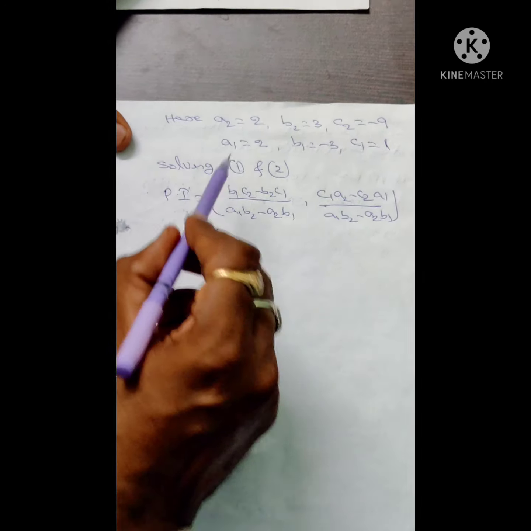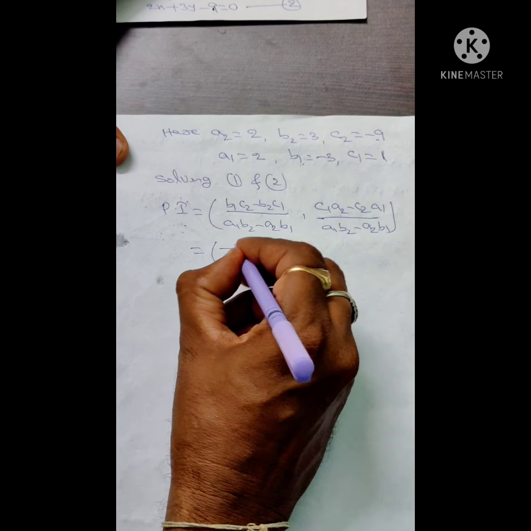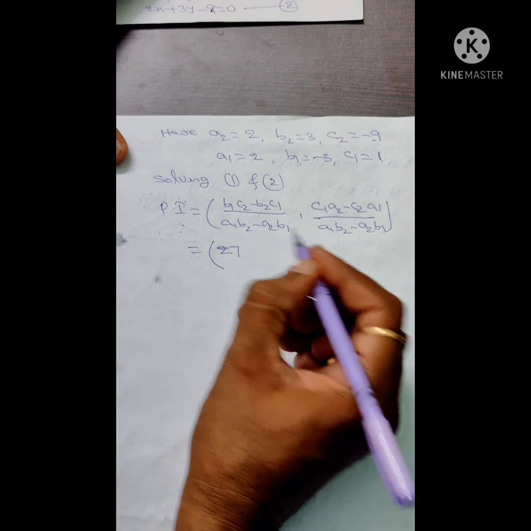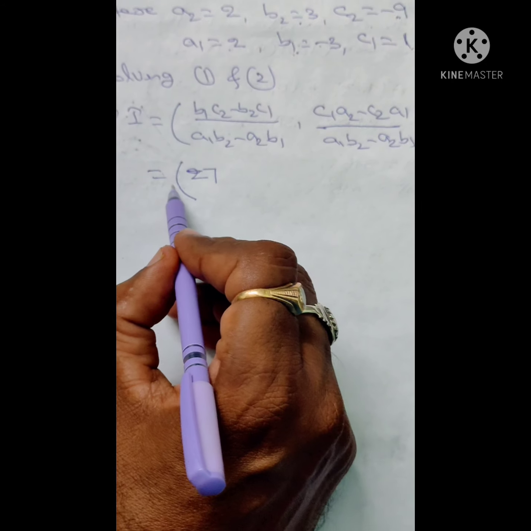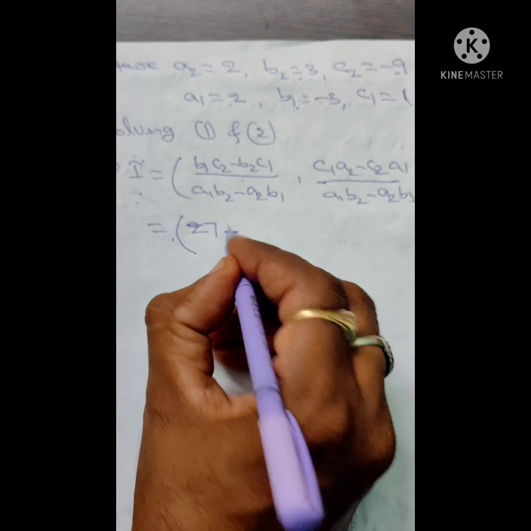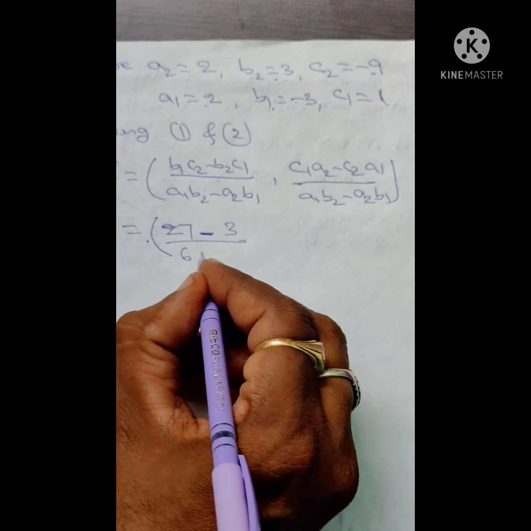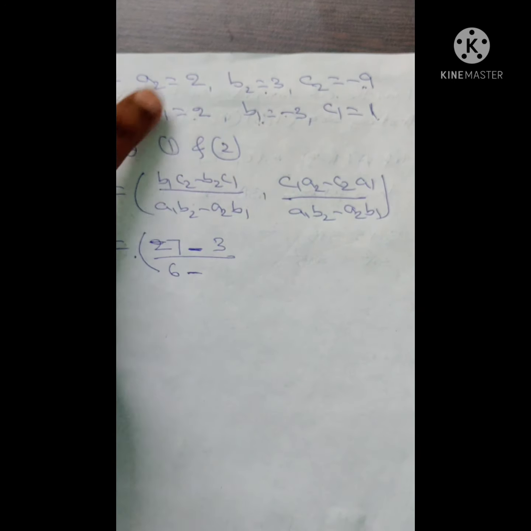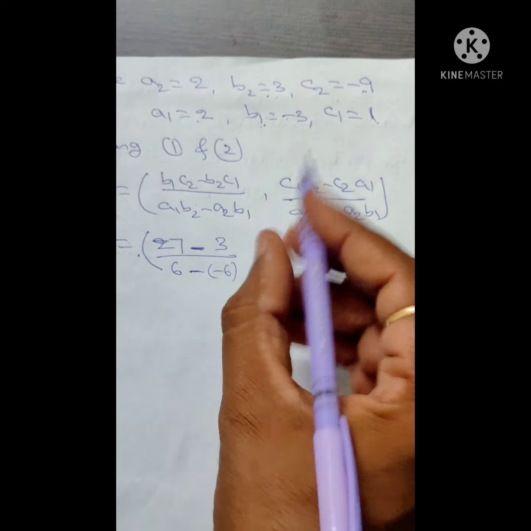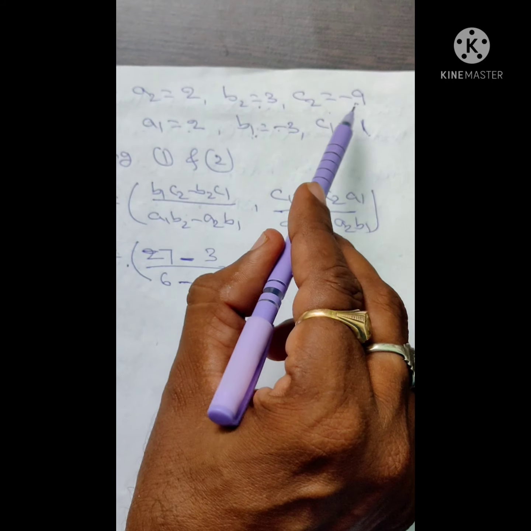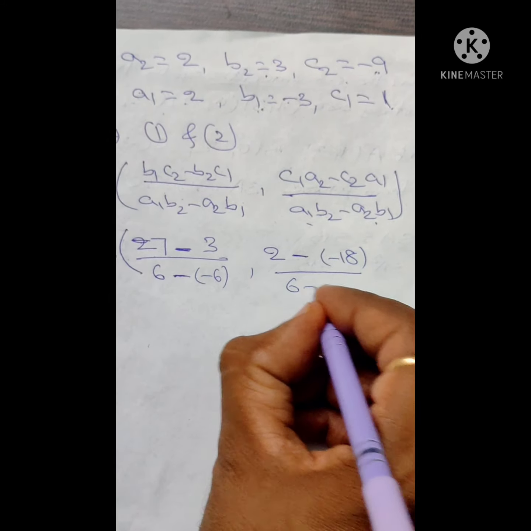Now substitute, students. b1c2 is minus 3 into minus 9, that is 27, minus b2c1, 3 into 1, 3, by a1b2, 6, minus a2b1, that is 2 into minus 3, minus 6. c1a2 is 2, minus c2a1, that is minus 18, by a1b2 minus a2b1, means 6 minus of minus 6.